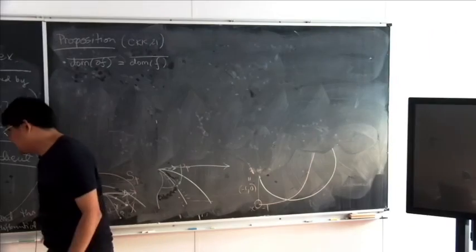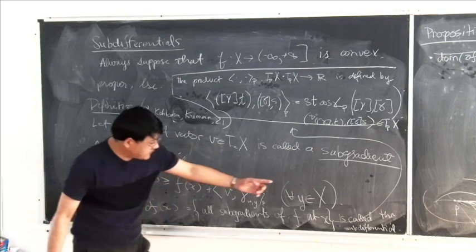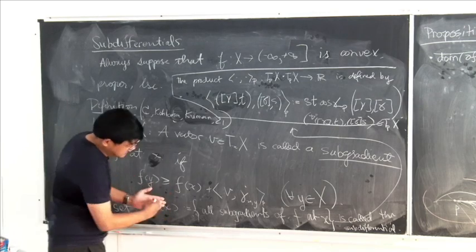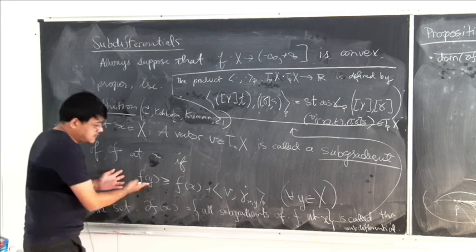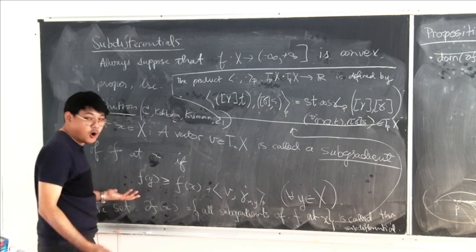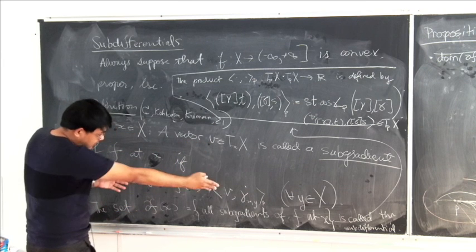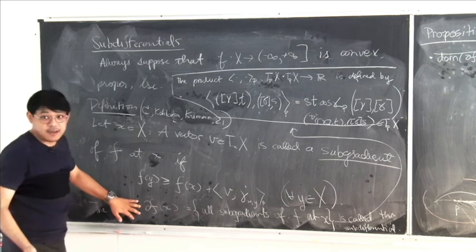So the subdifferential of the function f at the point x, as you can see, is a set-valued map, and v is defined to satisfy this inequality, which is not so clear will hold or not. If there is no vector v such that this inequality holds true, then this subdifferential can be an empty set.